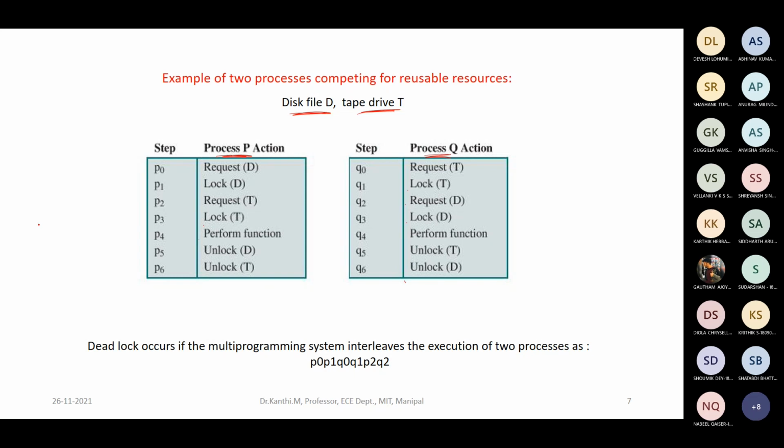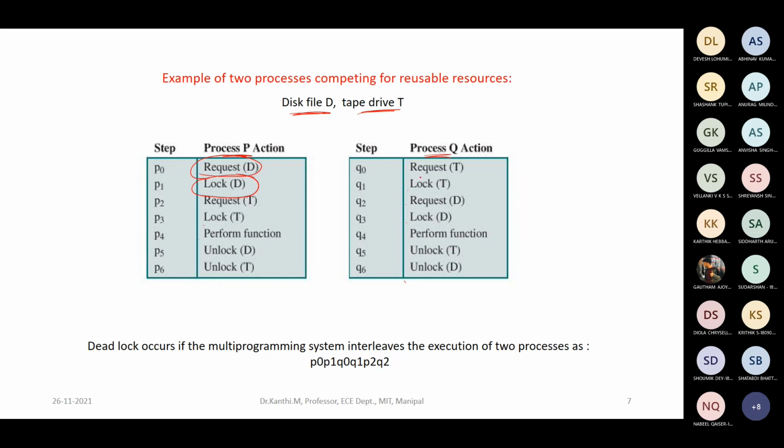Suppose you have a set of sequence. The deadlock occurs if the multi-programming system interleaves, that is switching between the different processes, the execution of the two processes as follows. Now process P requests D and locks it.